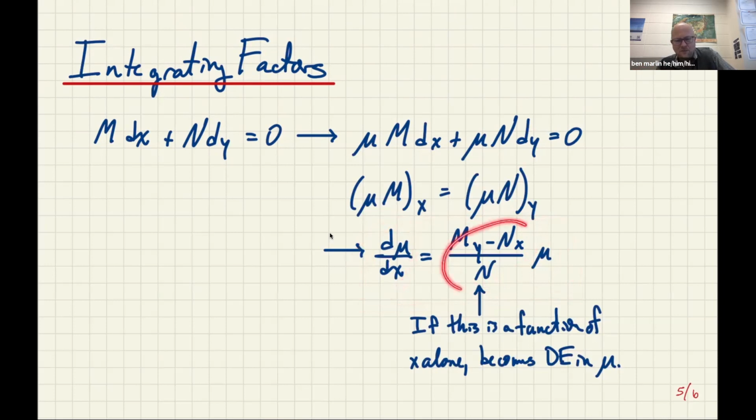And then you just got to hope that the rest of this stuff here turns out to be something that you can integrate, right? And maybe has a log in it. So if this m sub y minus n sub x over n turns out to be a function of x alone, then you can find out your integrating factor this way. So we'll see an example of that.